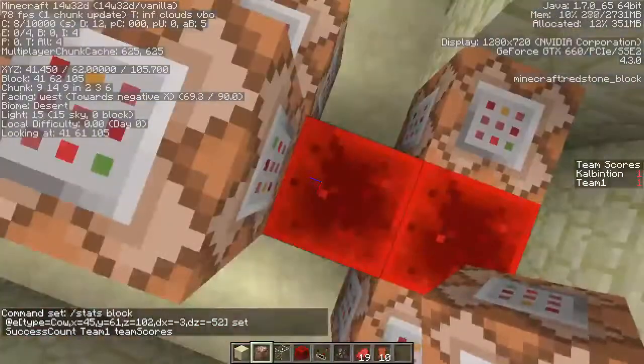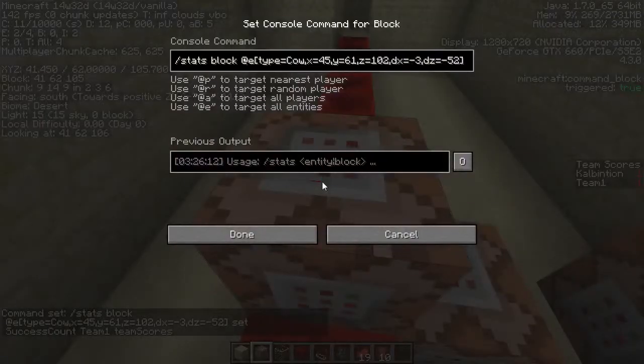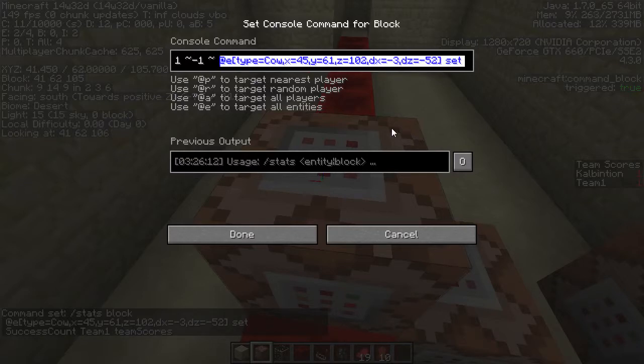Let's see, negative X, and then down 1. Set success count, whatever player, whatever. What about the selector for that? Let's see, set stat selector objective.